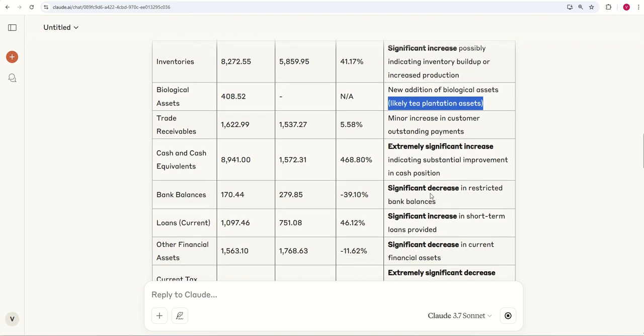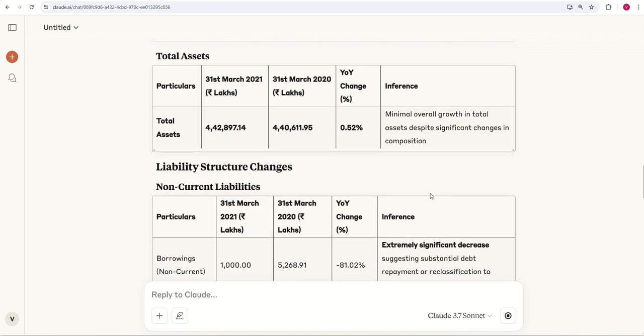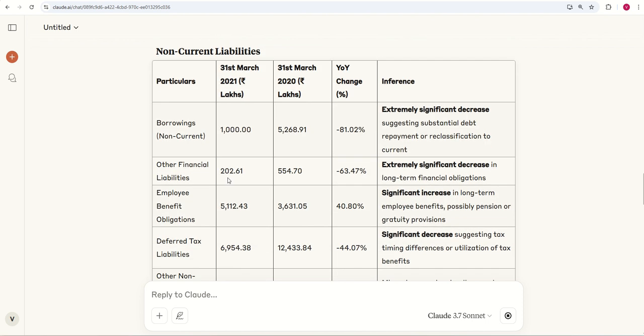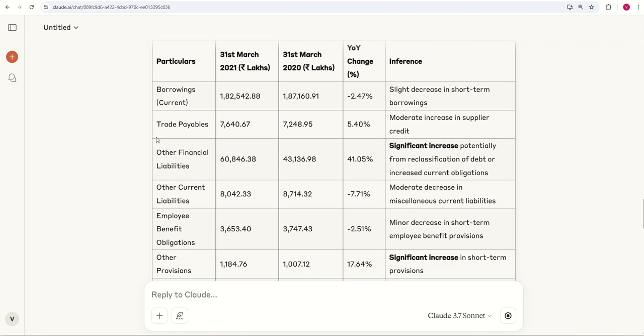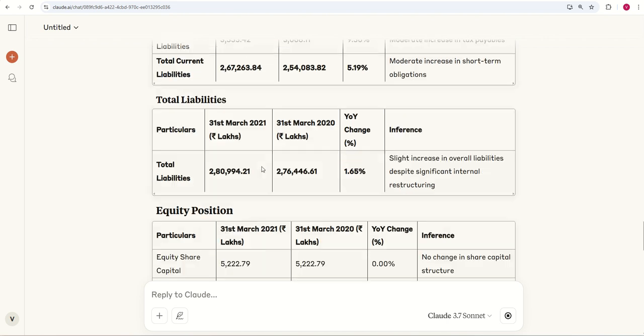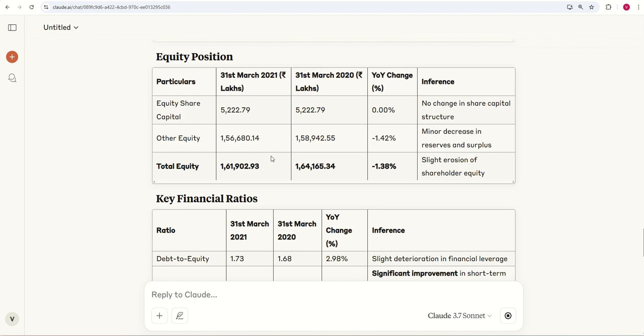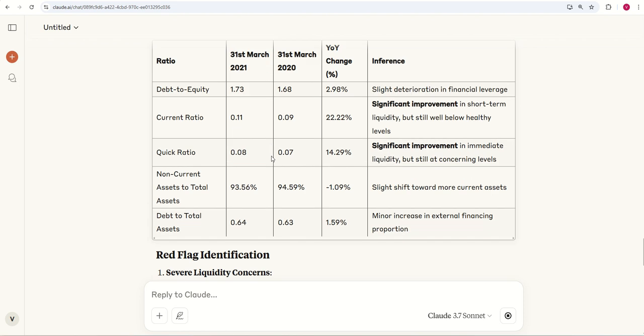I gave just a one page balance sheet. Okay, then assets, non-current liabilities, total liability. So here Claude also does a very decent job, and it could have some scores better than ChatGPT in some places, and maybe some minuses in some more topics.